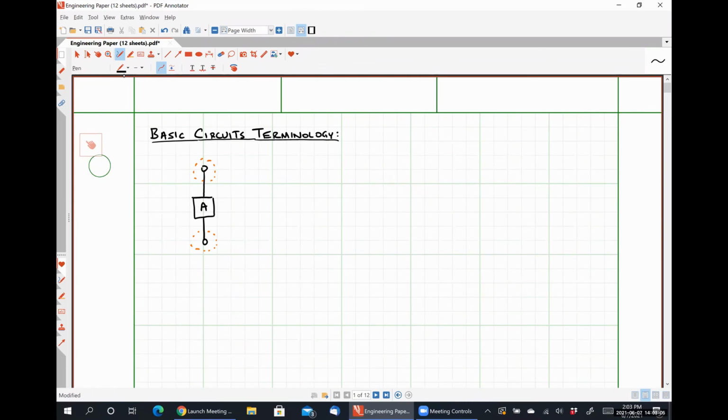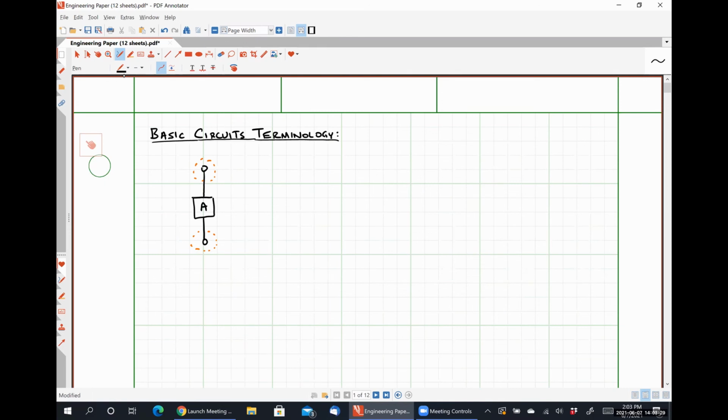So the two-terminal element could be a resistor, a capacitor, an inductor, a battery. Really, there's an awful lot of things. But before we get into any specifics, I just want to lay out some ground rules here. As I said previously, a circuit element's terminals are what allow connections between elements to be made.